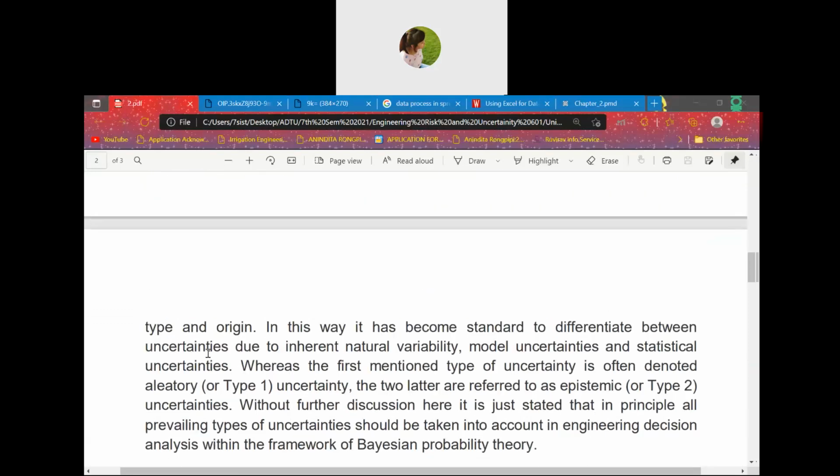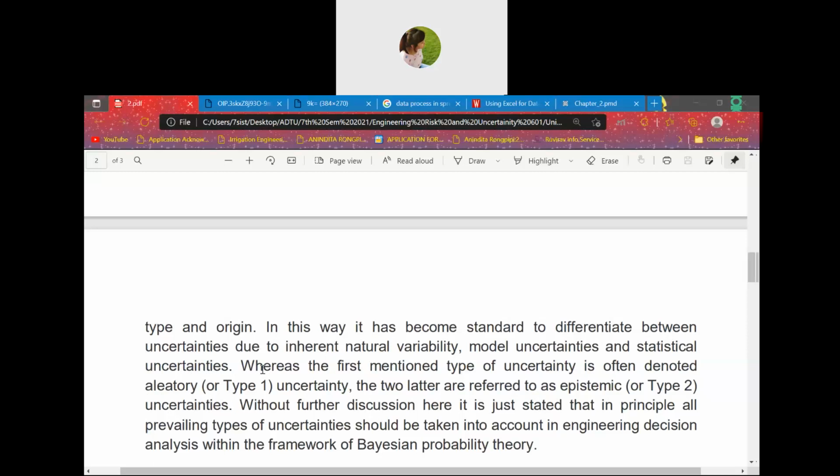So in this way, it has become standard to differentiate between uncertainties due to inherent natural variability, model uncertainties, and statistical uncertainties, that is mathematical uncertainties.